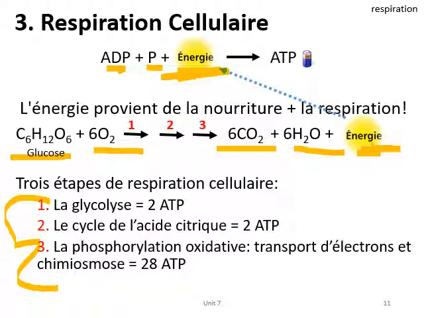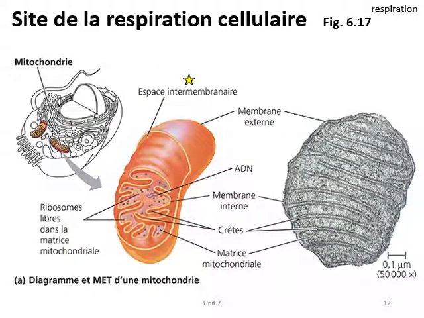These are the 3 steps of cellular respiration, and we can see how many ATPs are released. This is very important. All these steps take place in the mitochondria, which is an organelle found in eukaryotes. It is the site of cellular respiration.